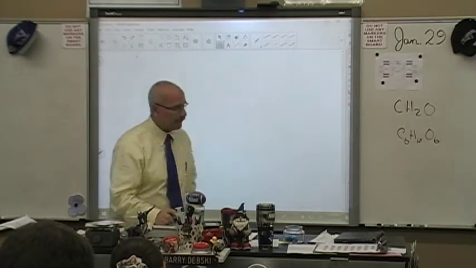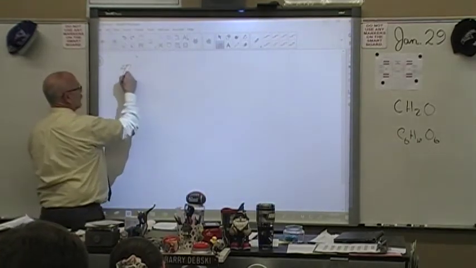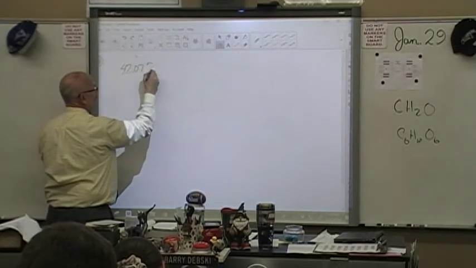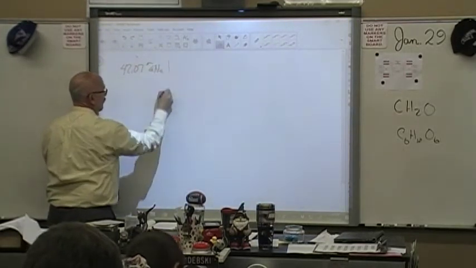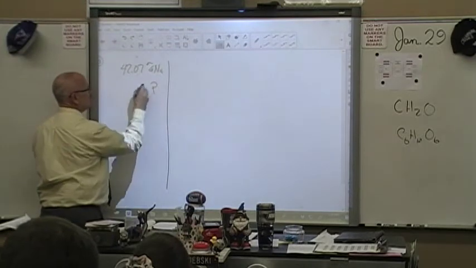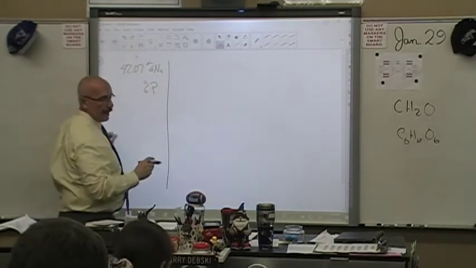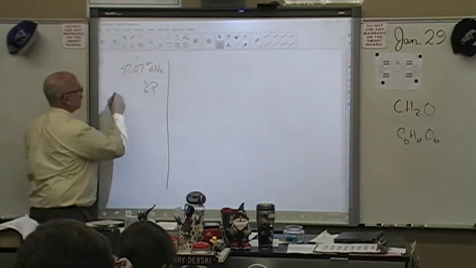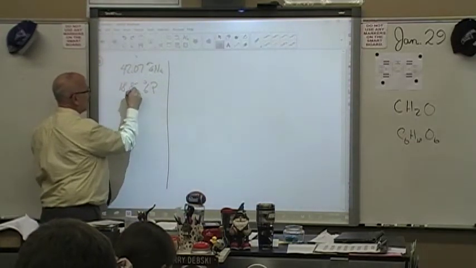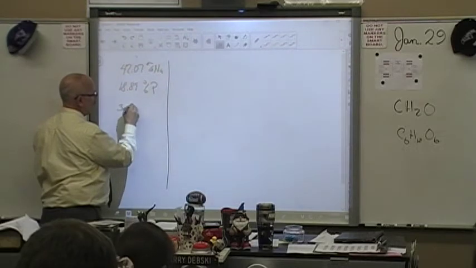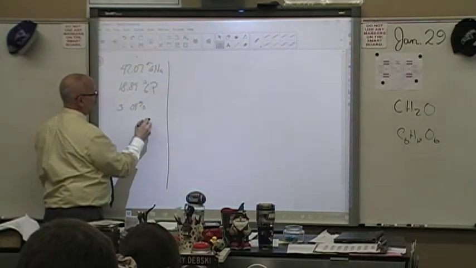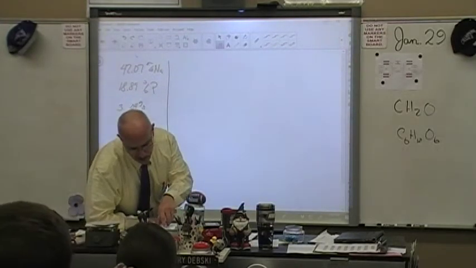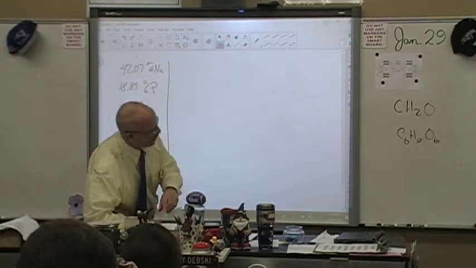So, sodium, phosphorus, and oxygen. 18.89, 30.04. What is it? 30.39, and what element? Oxygen.